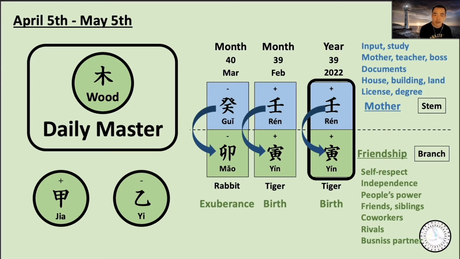For example, like investment in, let's say, stock or coin or land or building. Wood Daily Master can do the investment by listening to other people. Like friendship spirit is other people's opinion, people's mind. Any kind of gathering among the people can happen. And then those people say, oh, this land is good, this coin is good, this stock is good.